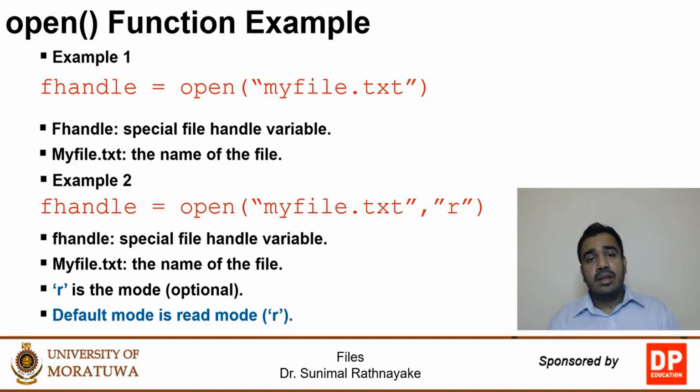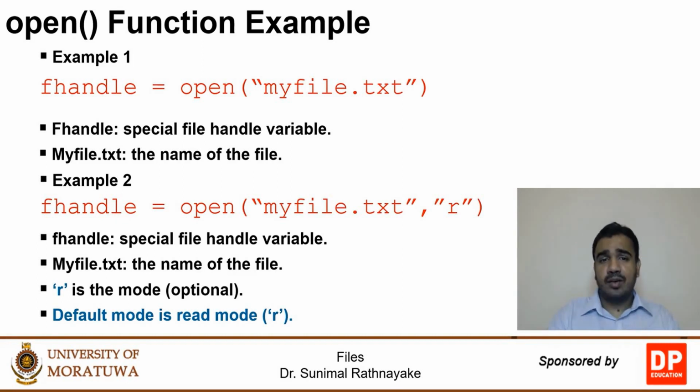Here is how we can open our text file myfile.txt using the open function. As you can see, there is a special variable called fhandle, which is the variable where the file handle is going to be assigned after calling the open function. To open a file, you must provide the name of the file that you want to open as a string. In addition to the file name, you can also optionally specify the file opening mode.